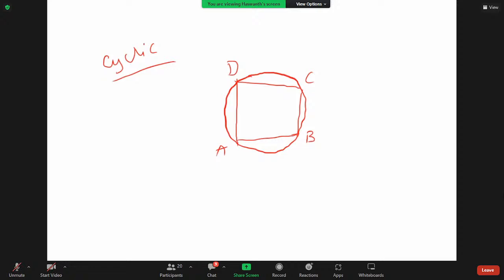Regarding cyclic quadrilaterals, one of the important ideas is that the sum of opposite angles in a cyclic quadrilateral is 180. 1 and 3 are opposite, so angle 1 plus angle 3 is 180 degrees. 2 and 4 are opposite, so angle 2 plus angle 4 is also 180 degrees.